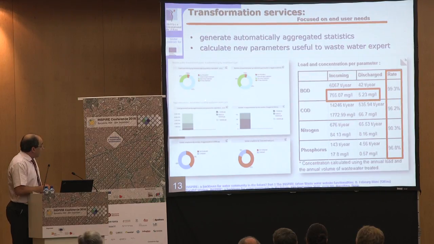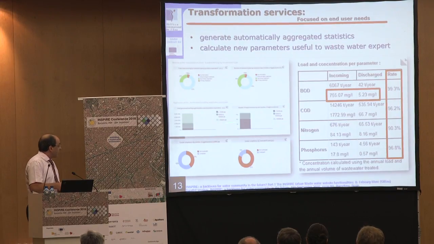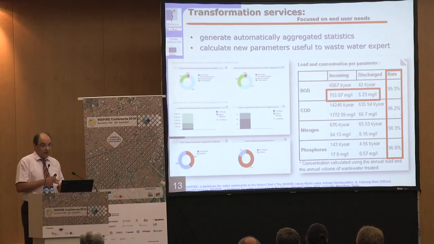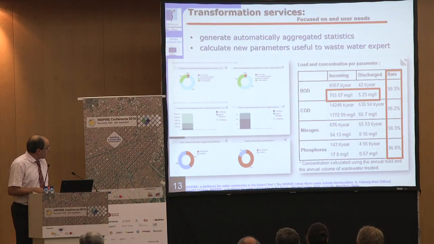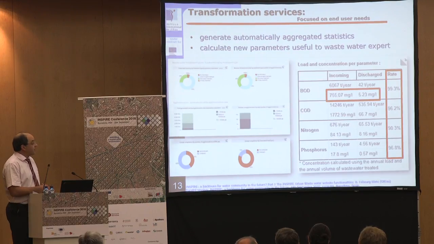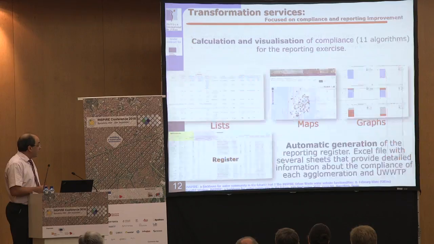Here it's the generated load by agglomeration, where we see that by population equivalent, it is one apportionment, and by number of agglomerations, a different apportionment because there are many small treatment plants. And there are also some transformation services that are, in fact, calculations made from the data sets provided.